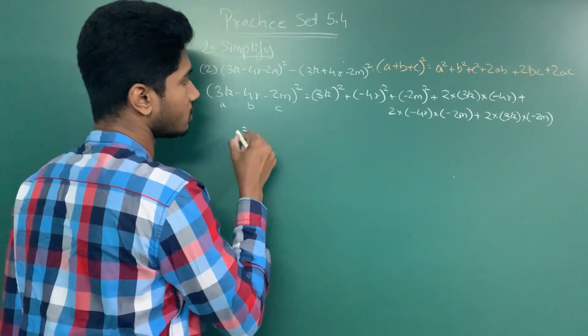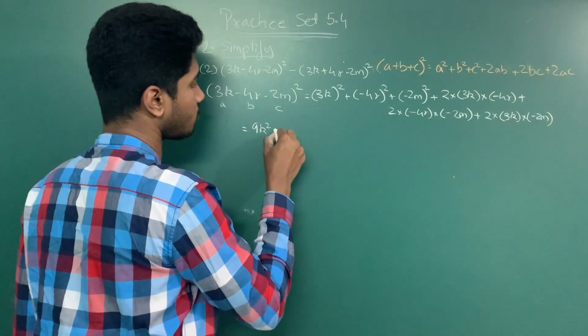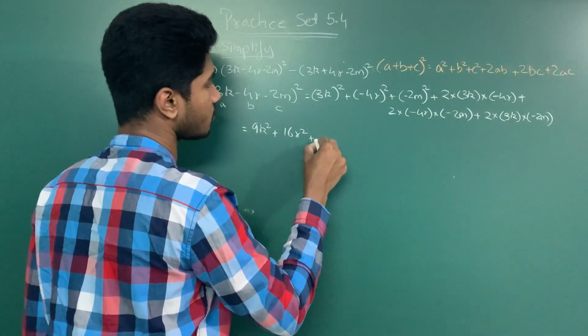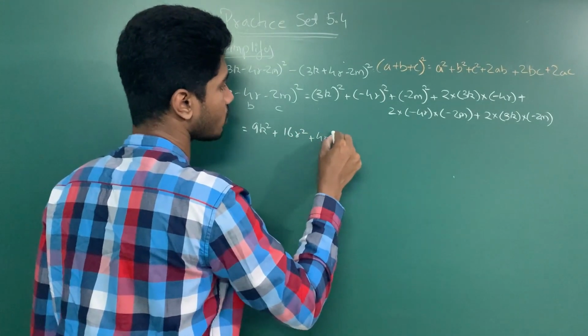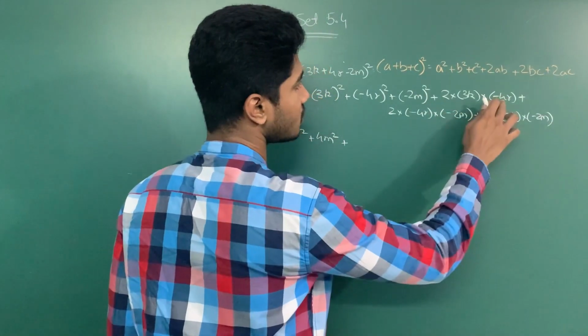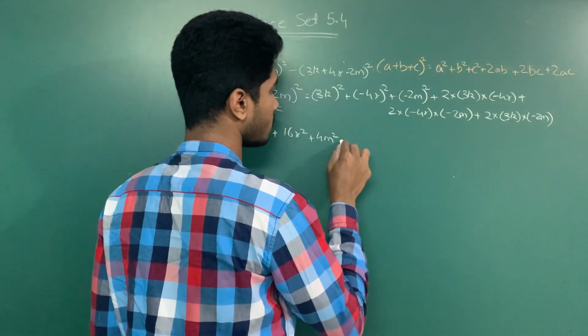So when we solve it further, you get 3k, this will be 9k square plus minus 4r will be 16r square, this will be 4m square plus 2 into 3 is 6, 6 into 4 is 24. There's a minus sign over here, so minus plus will be minus.